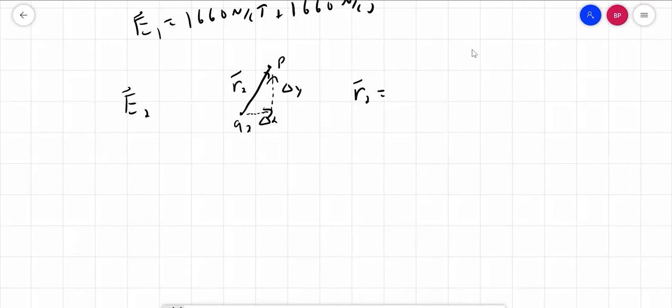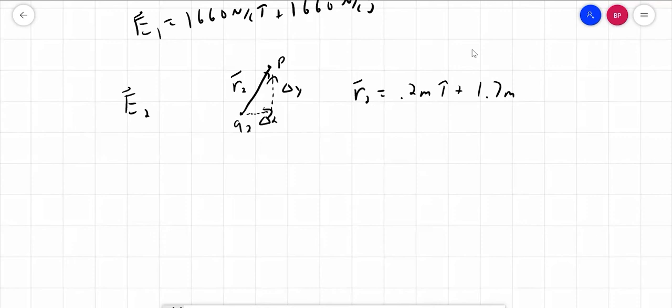So if we subtract the X values of P and Q2, what we get is 0.2 meters. We wanted to make this positive because we need to go in the positive X direction. So positive 0.2 meters in the X. And the result of subtracting the Y parts is 1.7.